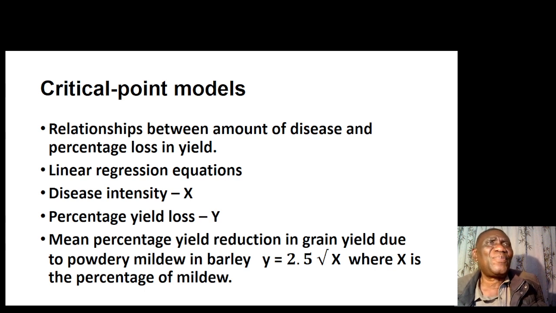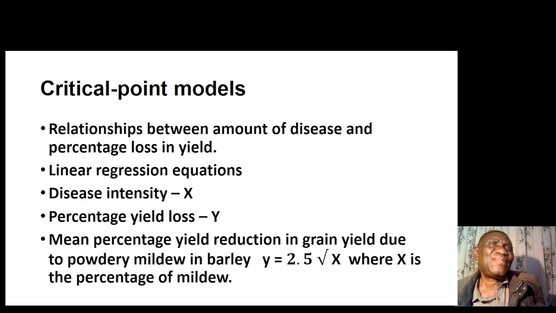We can develop linear regression equations if we have found them to be statistically significant. So we can plot disease intensity, which is your x-axis, versus yield loss, which is your y-axis.